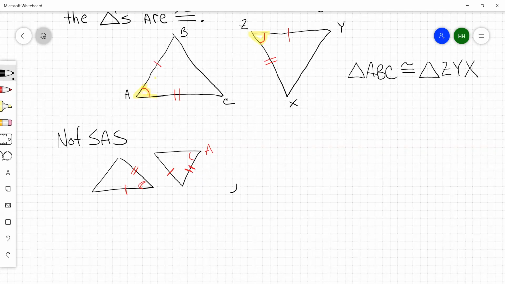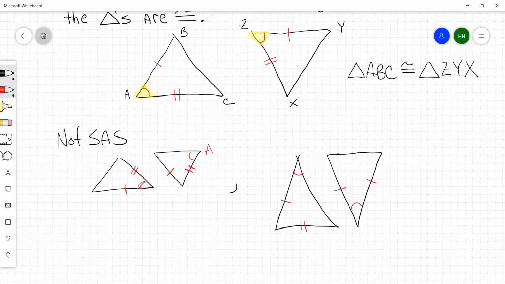Here's another picture of not side angle side, okay? In the triangle on the right, our angle is included.